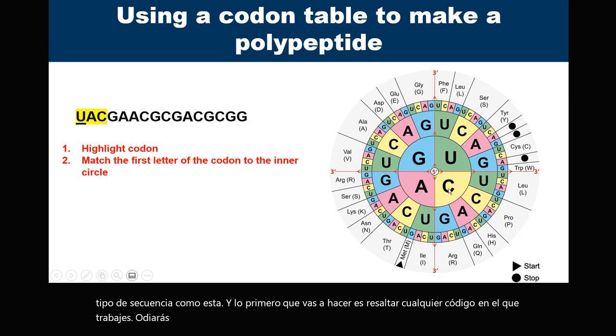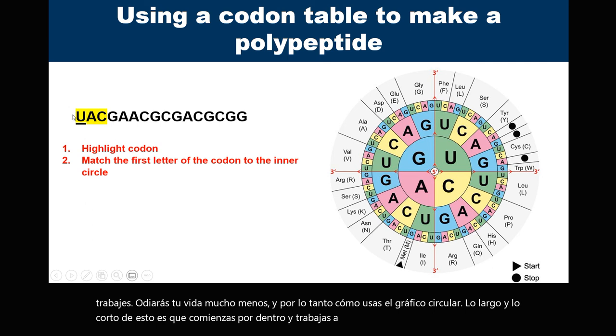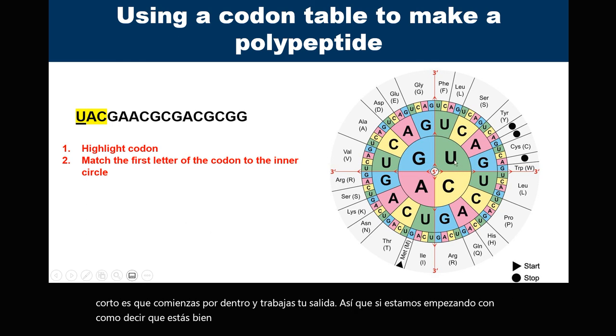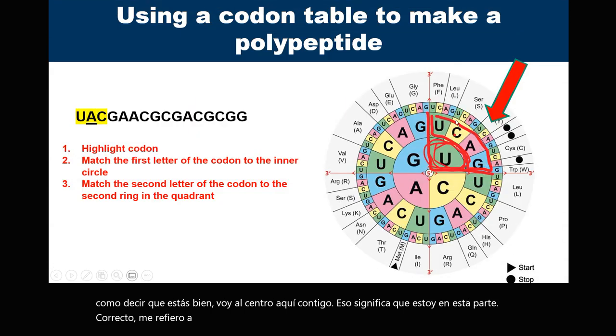And so how you use the circle chart, the long and short of it is you start on the inside and you work your way out. So if we're starting with, say, U, I'm going to the center in here with my U. That means that I am in this part of the circle.